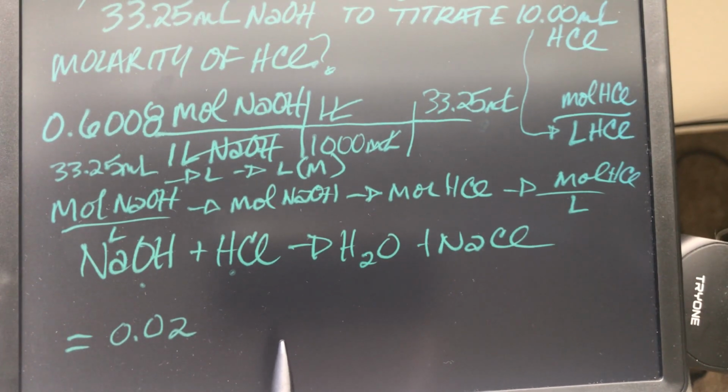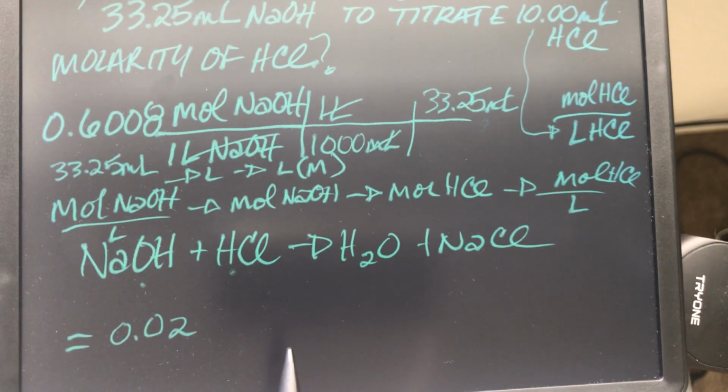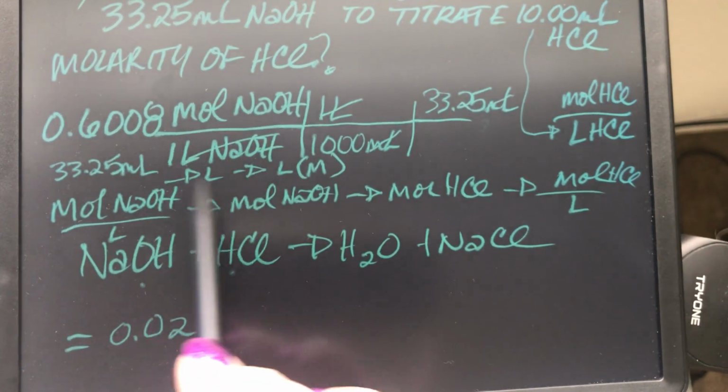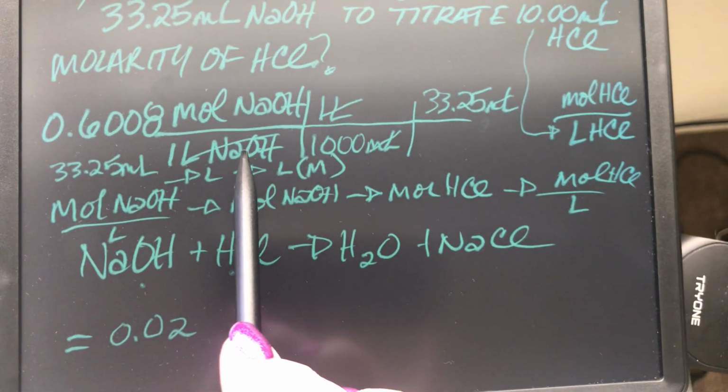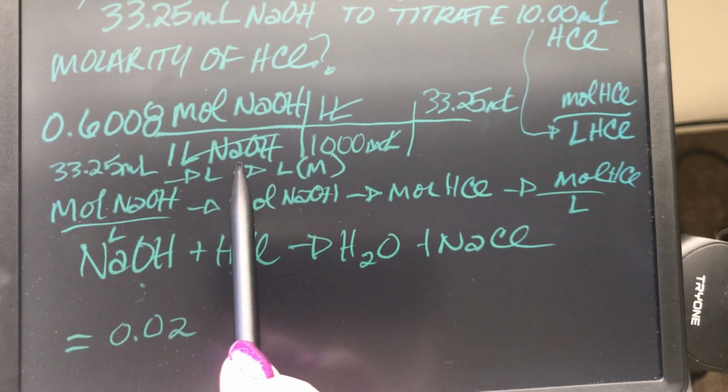When I did this, I changed 33.25 milliliters to liters. And if I were to plug that into this dimensional analysis, I would have put it on the bottom. No. This is the number one mistake that I see students make. They always want to put a volume down here. That volume is already there. You can't put a new volume there.